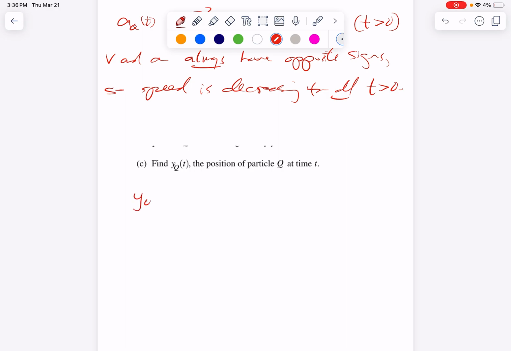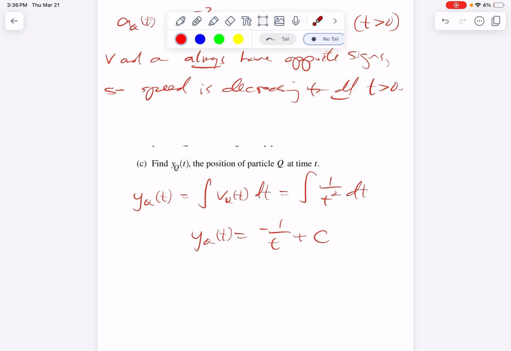So our position function would be an integral of our velocity function, which was 1 over t squared. So that's going to be negative 1 over t plus c. Right, this is t to the negative 2. I did that somewhat quickly.